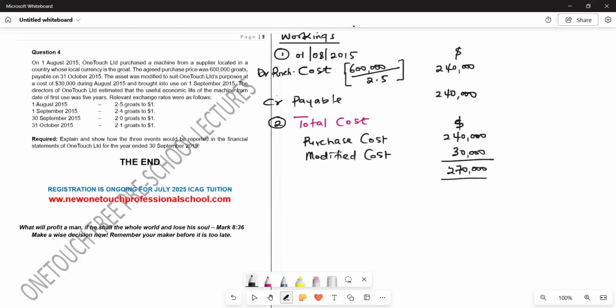I assume that the whole of August, the modification was taking place. We're not told when it was ready for use, but it is clear from the way they stated it in the question that 1st September was when the modification was done. So we use 1st September as the date it was ready for use.